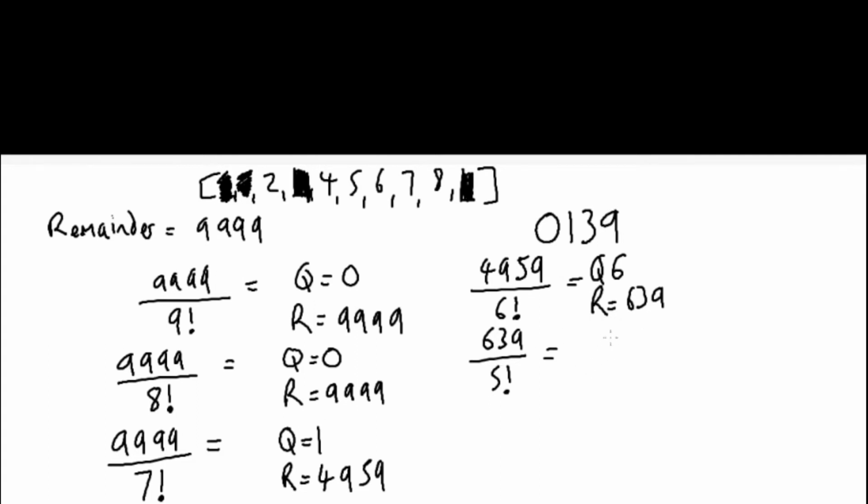Yeah, so quotient is 5. Remainder is 39. So 0, 1, 2, 3, 4, 5. It's the 8. That is removed. And we keep going.